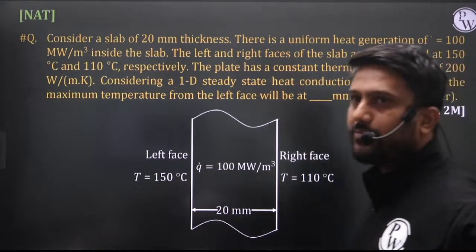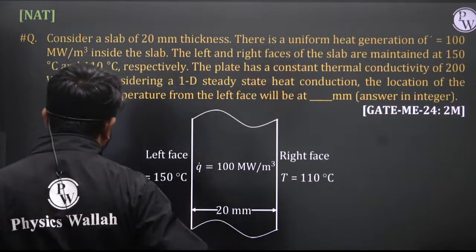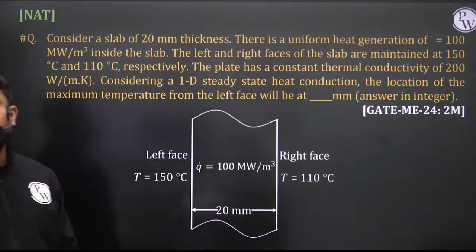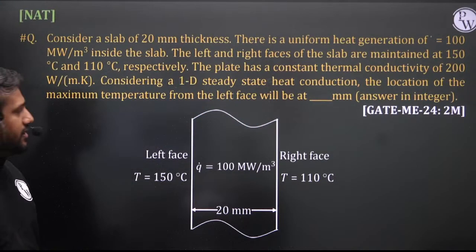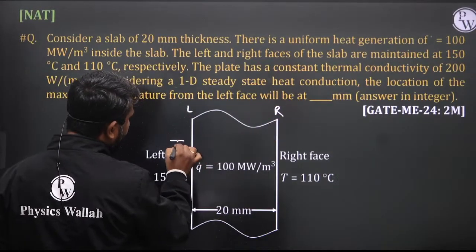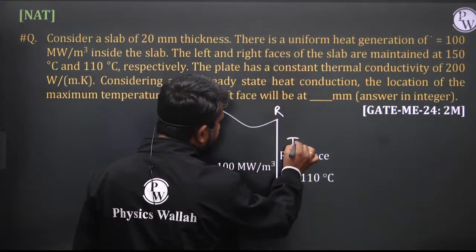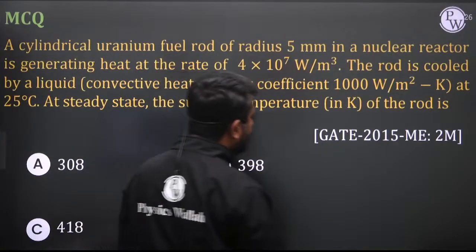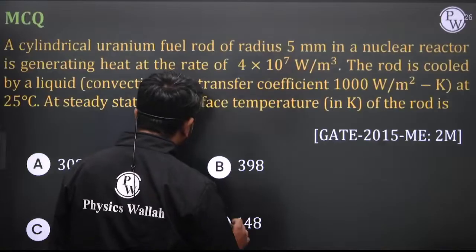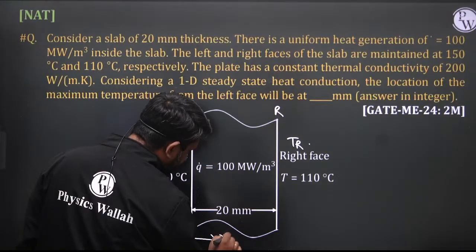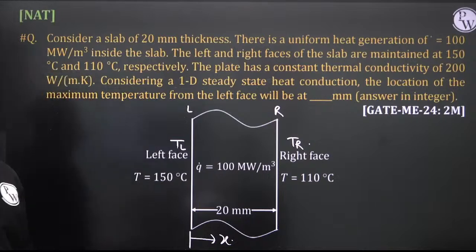And for this standard problem, you must remember the formula. What is that formula? This is the left face, this is the right face. Left face temperature is TL, right face temperature is TR. This is the x direction. The left face is my reference face.